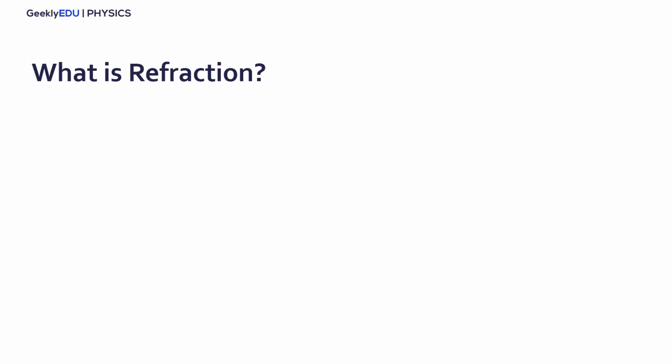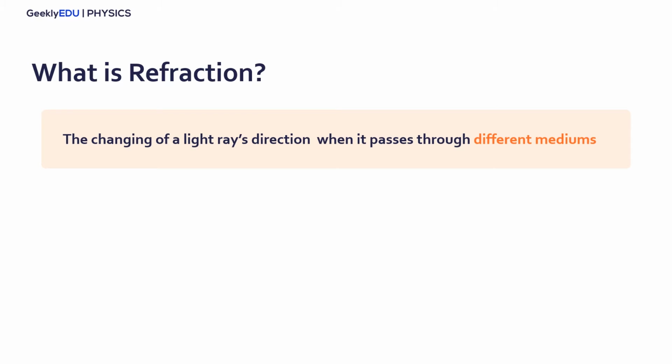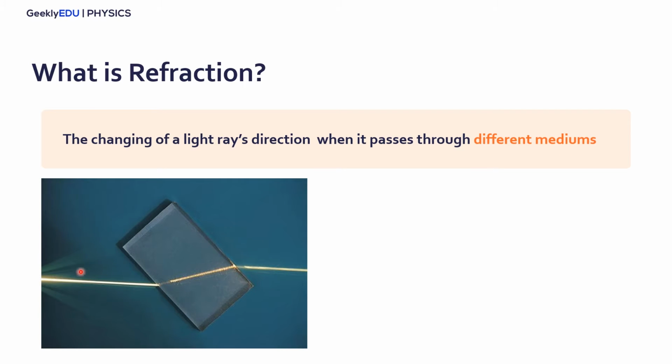So what is refraction? Well, refraction is the changing of a light ray's direction when it passes through different mediums. You can see it clearly here when the light passes through the glass. It changes from air to glass, different mediums, so it changes its direction, and the same when it leaves the glass.